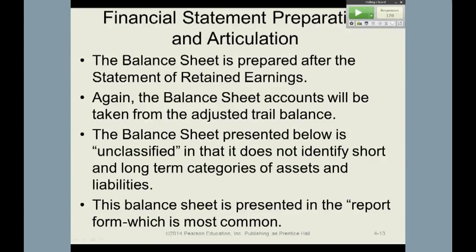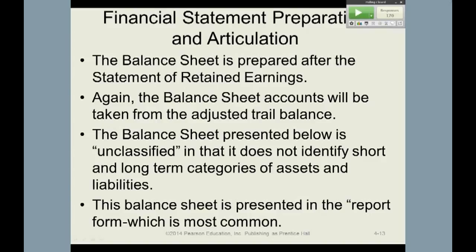When you have the account form, it's actually going to look almost like a T account. So the format is that you would have assets on the left side and you'd have liabilities and equity on the right.